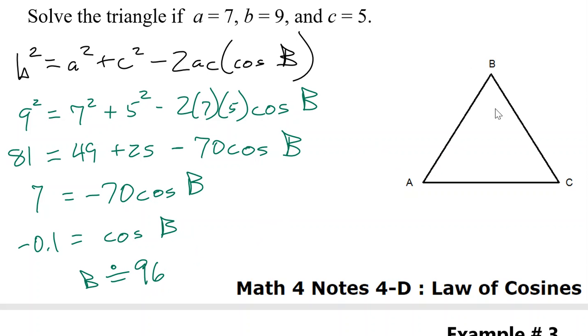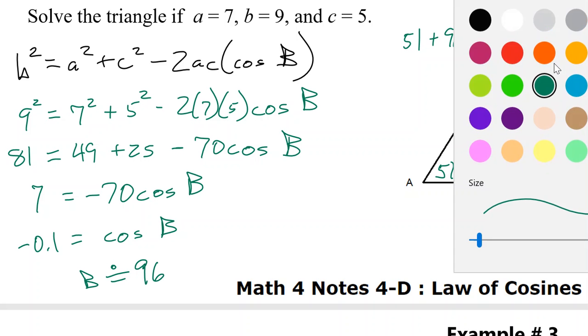And so at this point, if B is 96 and A is 51, then I add those together. That's 51 plus 96 plus C equals 180. That's going to be 147. That's going to leave me with 33.